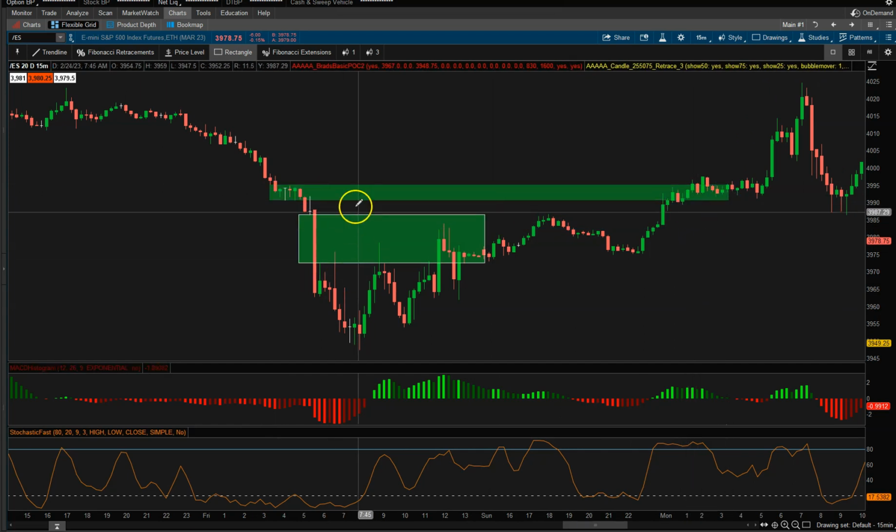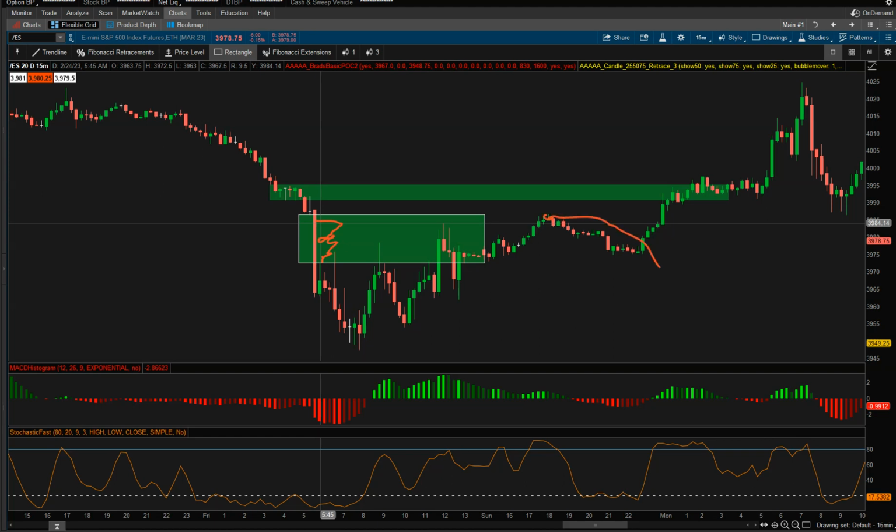Here's a nice supply zone, and usually those fair value gaps will come back into play. They'll come back up, and once it's filled all this area up, because it was such a big, powerful move, it went back to the scene of the crime like it does here. What happens? Price continues back lower, right?